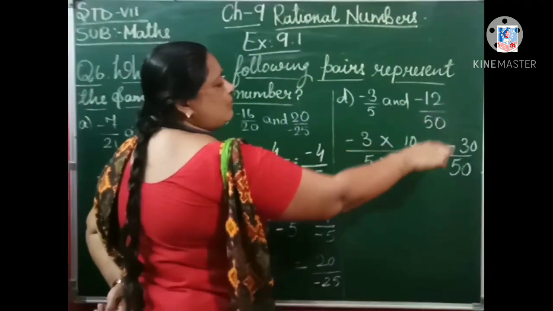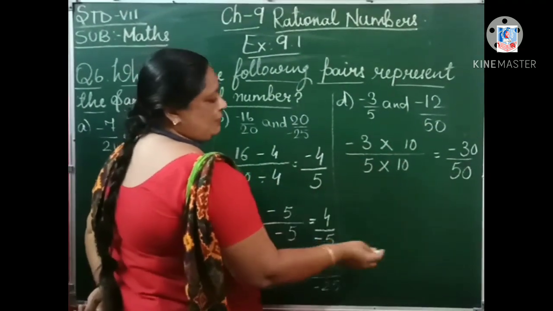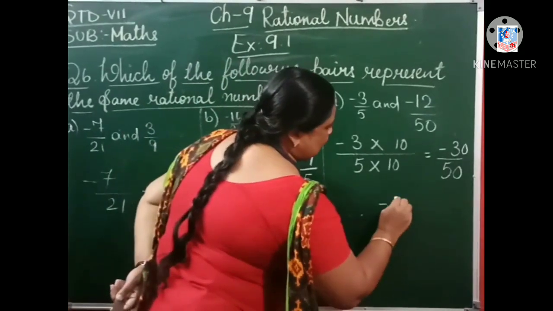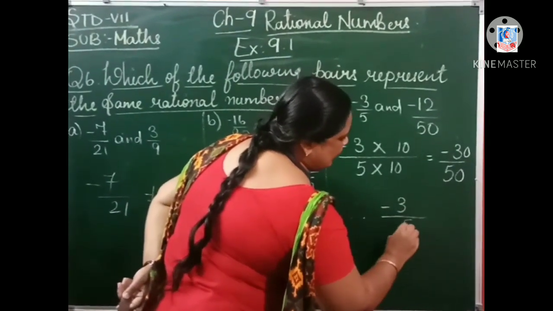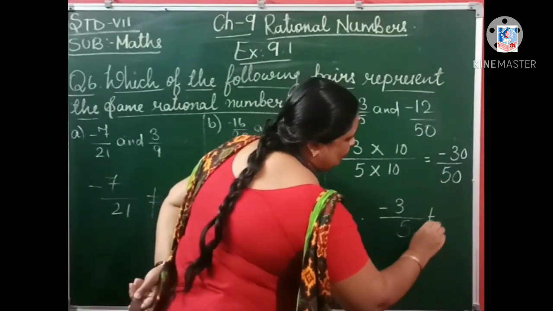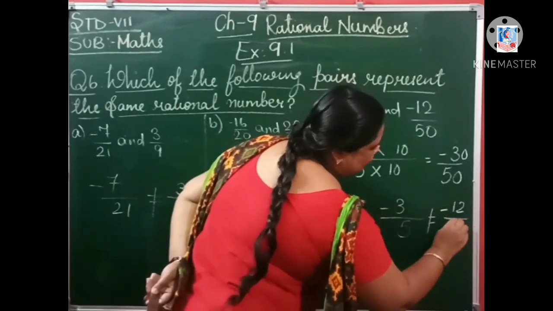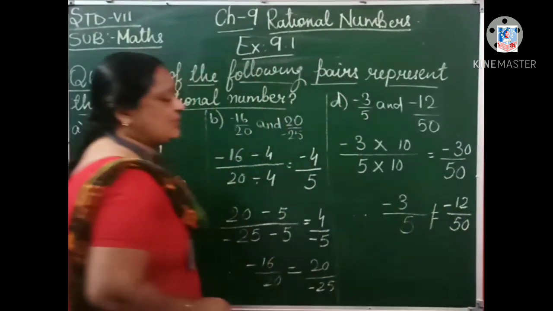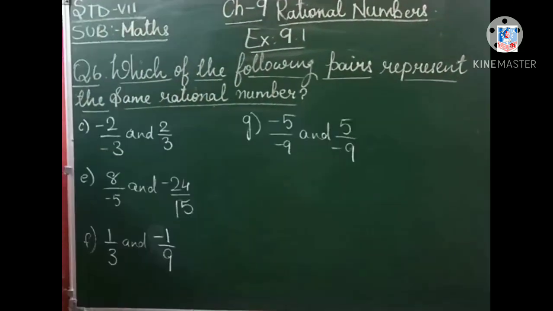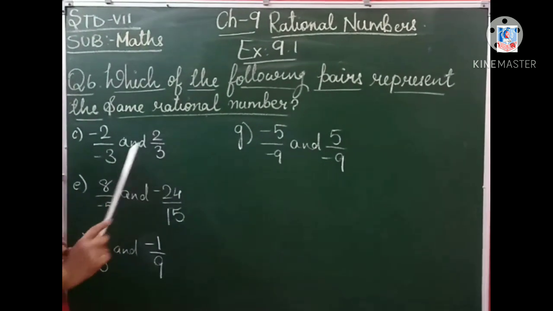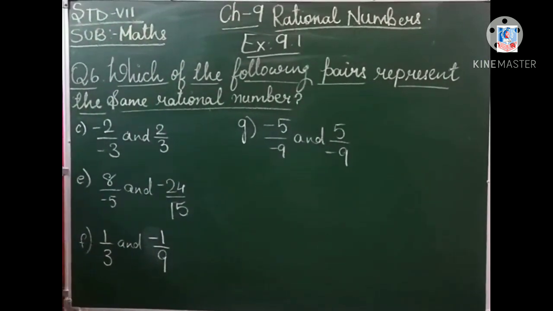And the second is minus 12 by 15. That means they are not equal. So minus 3 by 5 is not equal to minus 12 by 50. Understood? C, E, F and G, this is your homework.